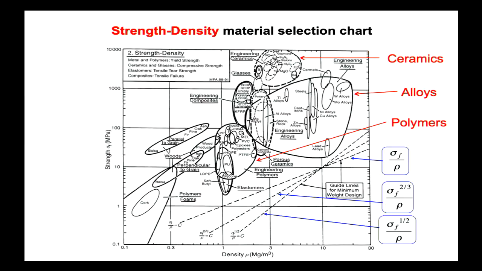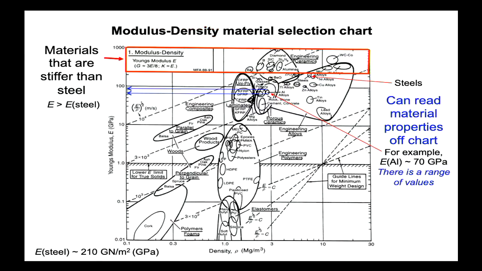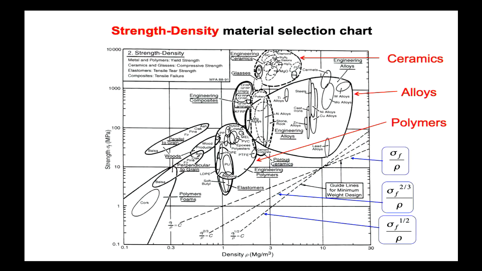Alrighty, compared to stiffness, now we've got strength. And you might notice a very different looking chart. For those people who have read ahead and already got the PDF of all the charts, those boundaries or bubbles, everything's different. And as it should be, because we're looking at different material property sets. Still, we've got density, as I say, looking at something like specific strength or specific stiffness.